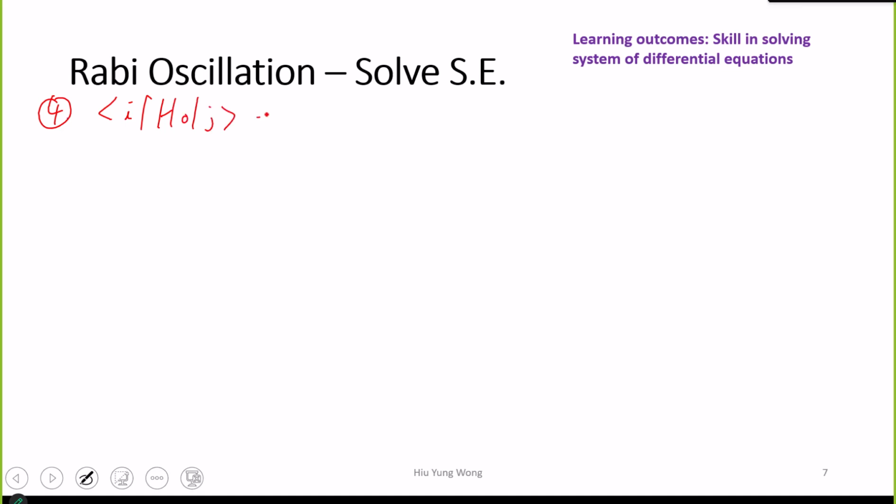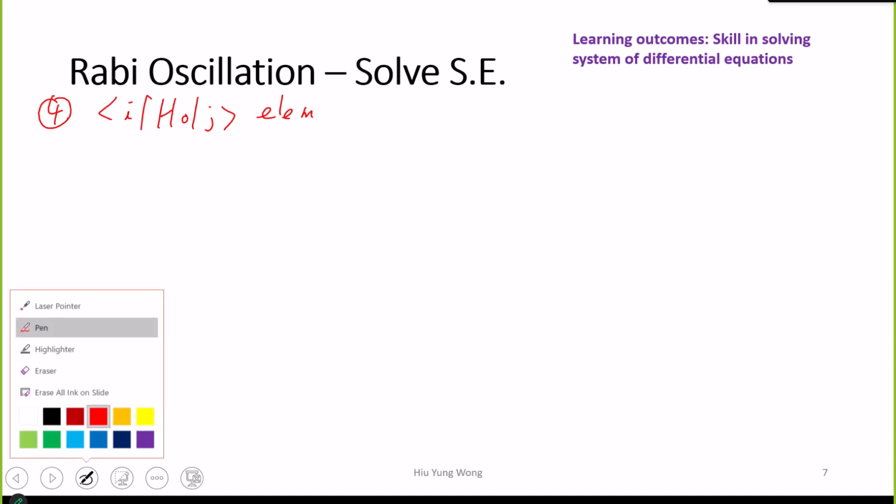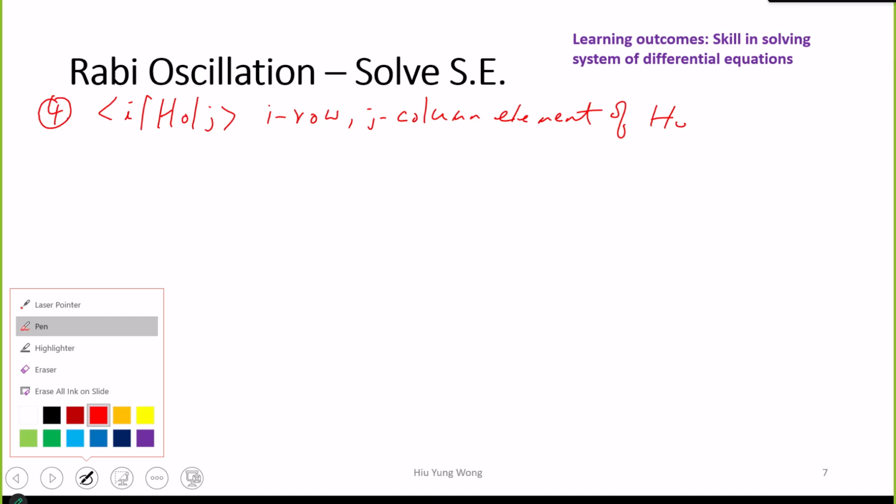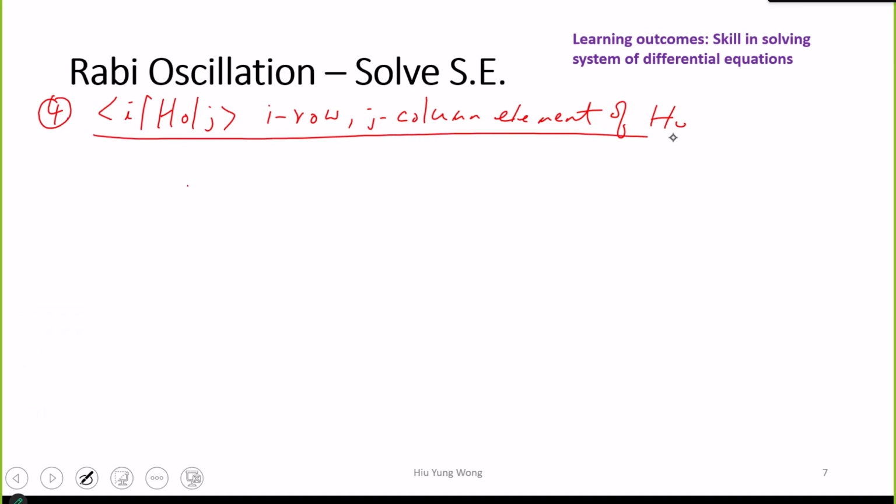H_ij is the element in the i row, j column of H0. Remember this? That's how you find it in the basis of ij, right? In the given basis. Okay, but that's not important. This is just to remind you. What we really want is to find out what they are, okay?